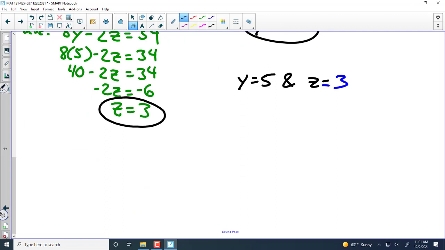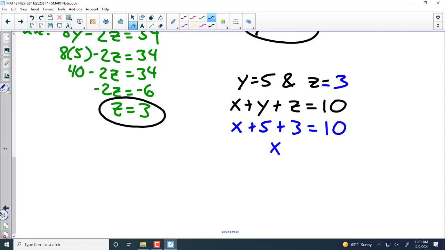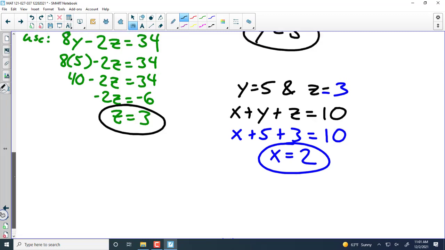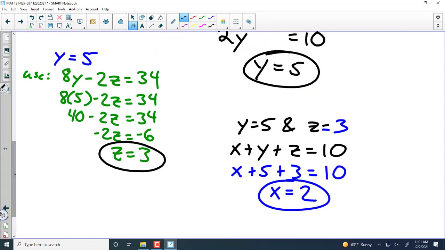So we do x plus y plus z equals 10. And that's going to give me x plus 5 plus 3 equals 10, or x equals 2. Meaning my final answer to this problem is 2, 5, 3.